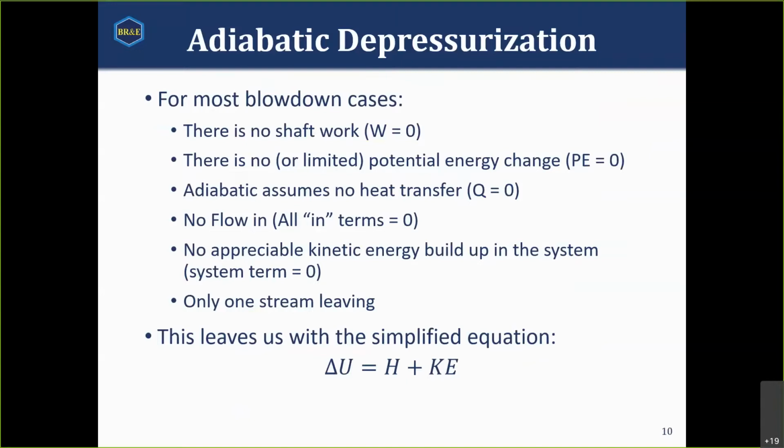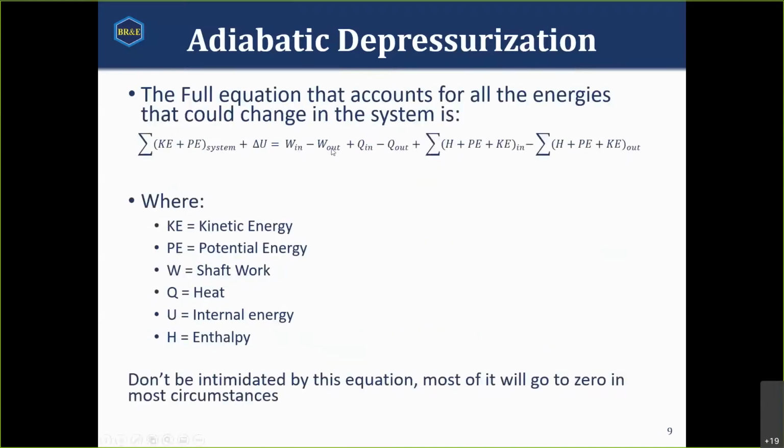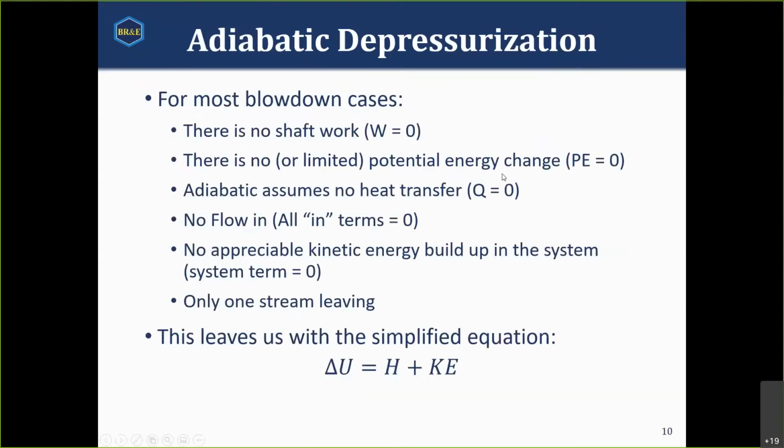As I mentioned, we're doing an adiabatic depressurization. So therefore, there's no Q. Therefore, there's no heat transfer. My Q is equal to zero. Because I'm doing a depressurization, I'm not putting mass into my system. So therefore, all my in terms, meaning Q in, work in, enthalpy, potential energy, kinetic energy in, those are all zero.